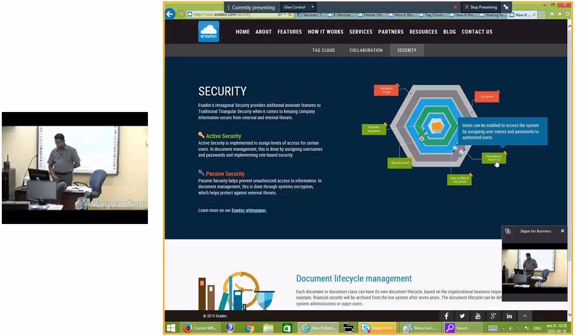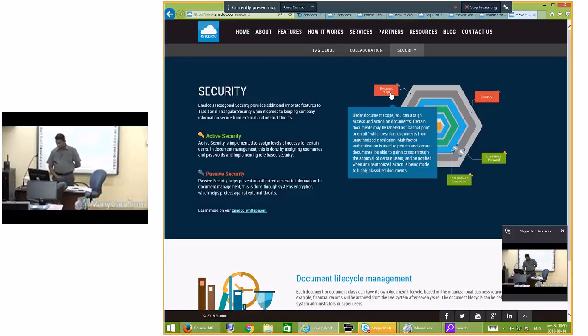Users can be enabled to access the system by assigning usernames and passwords to authorized users. And documents are protected regardless of where they are stored, using conversion of data into code. Decryption of the document is needed for access. Under document scope, you can assign access and actions for documents.